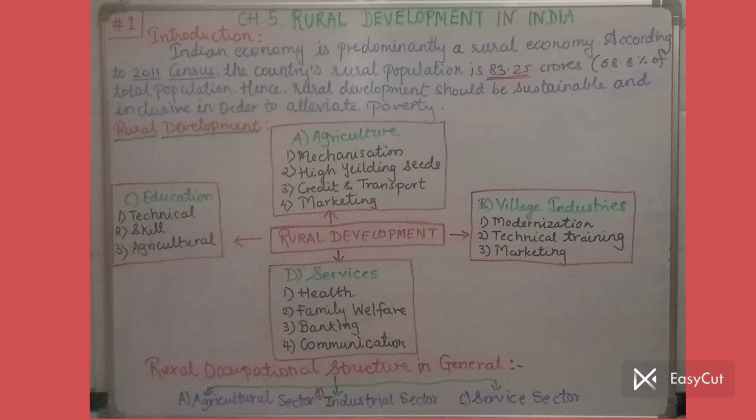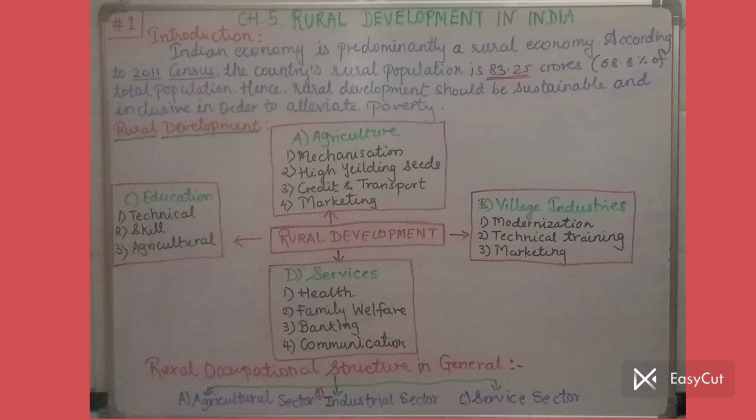Then third thing is credit and transport. The credit or loan facilities given to the farmers should be easily available, and there should be cheap credit facilities. That means the rate of interest should be less so that the farmers can afford to go for the loan. Moreover, transport facilities should be well developed in the rural areas.